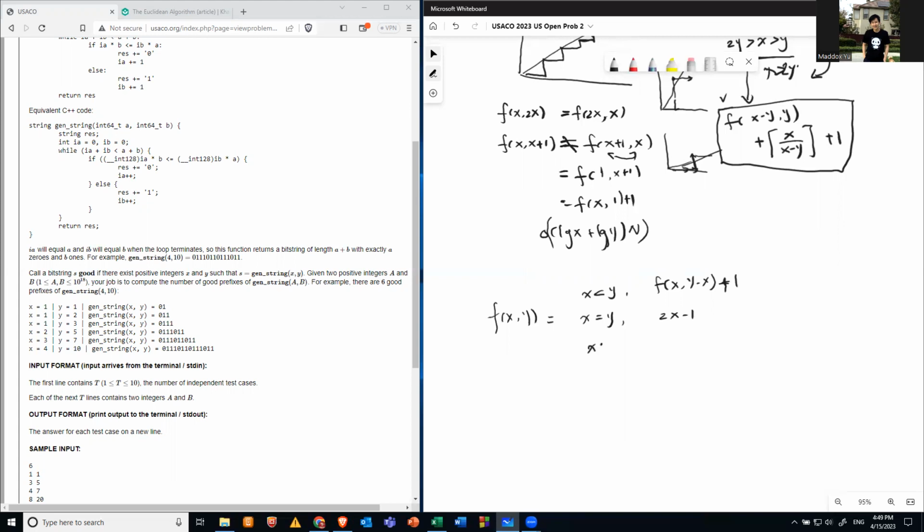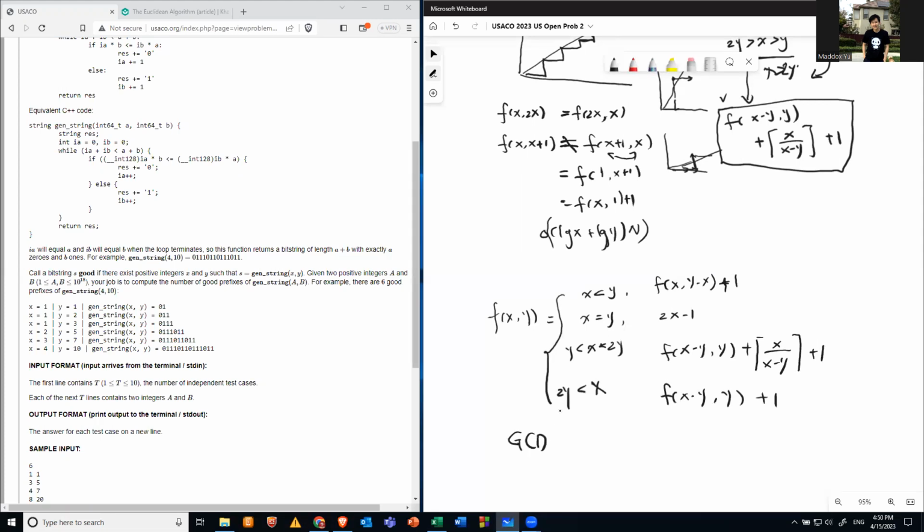When x is bigger than y but less than 2y, this is f(x minus y, y) plus the upper limit of x divided by x minus y, plus 1. When x is bigger than 2y, then the reverse is true. So that's how I derived it.